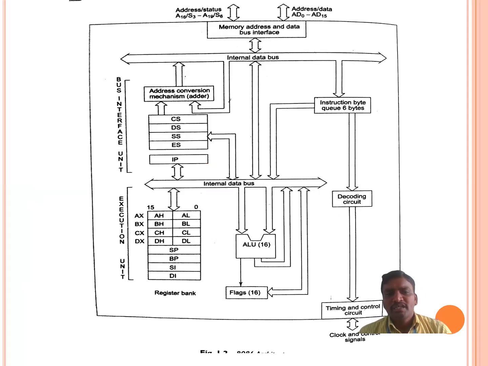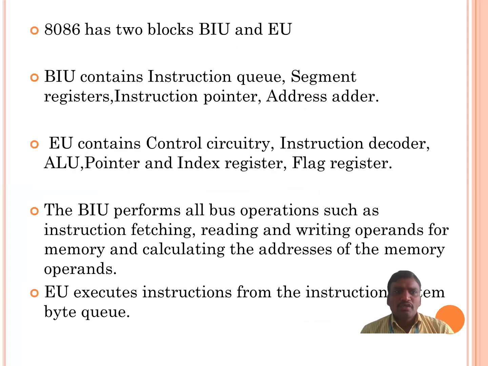The execution unit consists of the register bank, the ALU, the decoding circuit, and the timing and control circuit. So the 8086 processor has mainly two blocks: the bus interface unit and the execution unit.